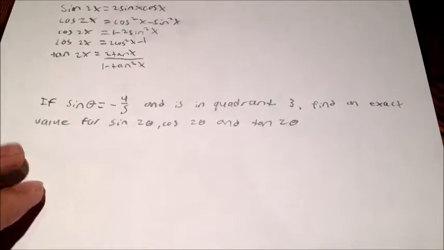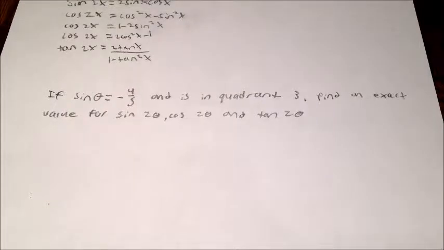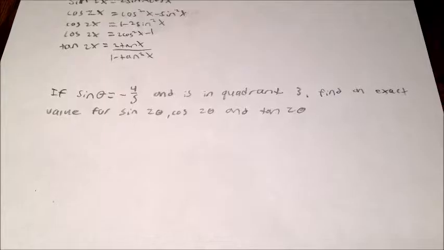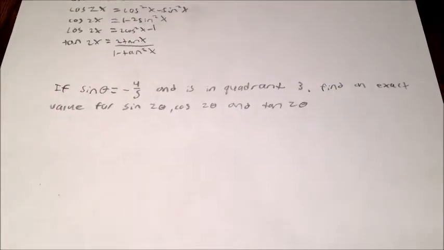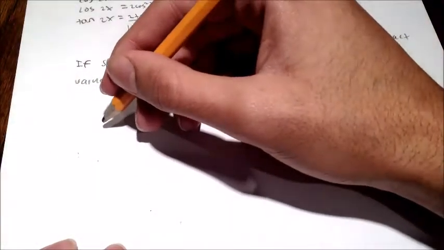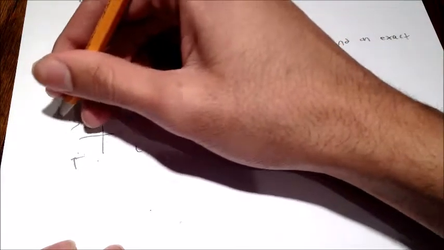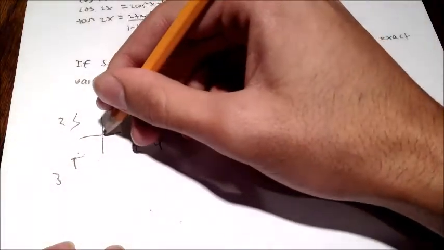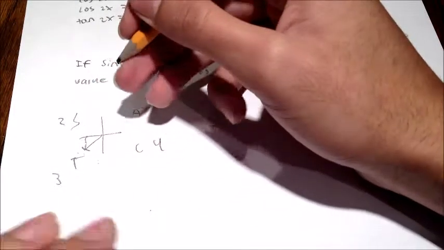For example, something like this: if sine theta is equal to -4 over 5 and theta is in quadrant 3, we can find an exact value for sine 2 theta, cos 2 theta, and tan 2 theta. So what we would do for this question is start by drawing a graph with the CAST rule, with quadrant 1, 2, 3, 4. Then we know that it's in quadrant 3, so we're going to draw in quadrant 3 with the little triangle.